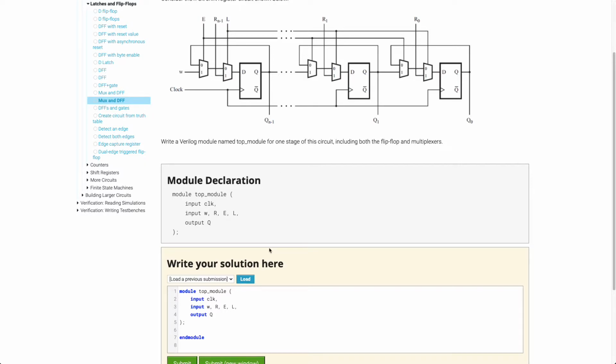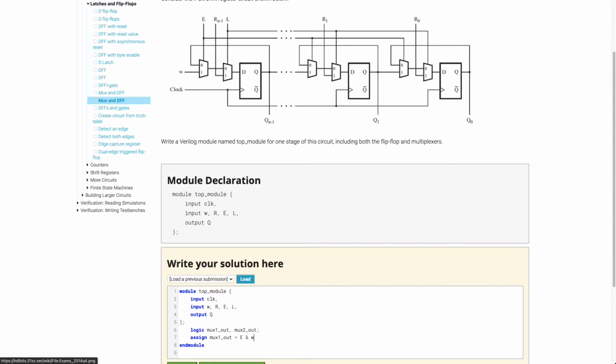Okay. E and L are your selects. So probably like that. Mux 1 out being this guy, mux 2 out being this guy. Mux 1 out is going to be selected by E. So E and what?